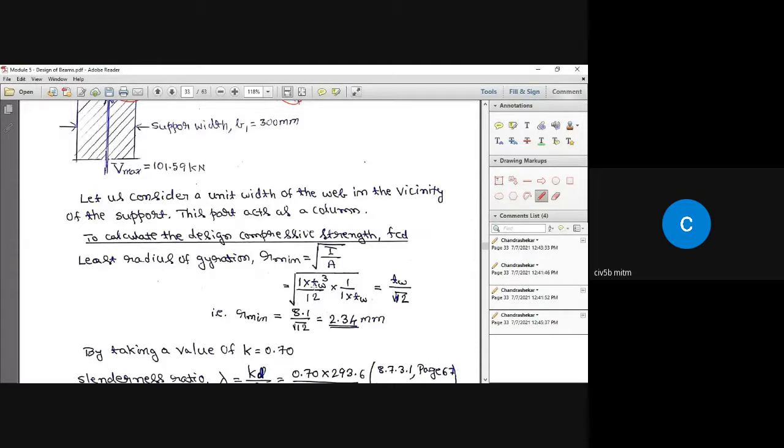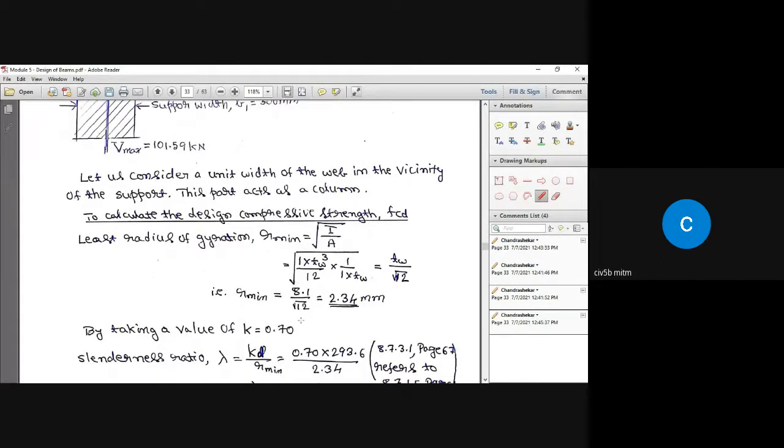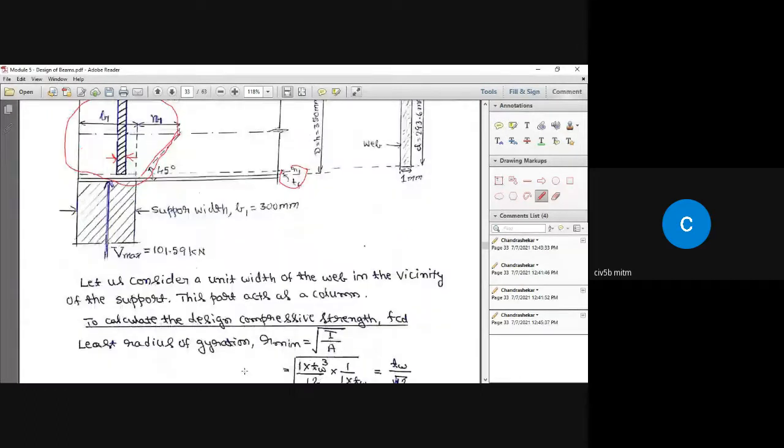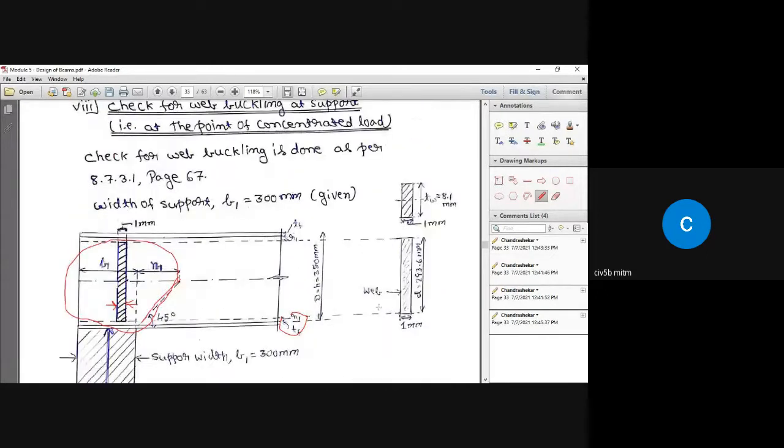To use buckling class C, first we need to know KL by r. So what is the K value? Here we are taking the value of K equal to 0.70. Then L is nothing but small d, the height or length of the column, divided by r, the radius of gyration about which the column bends. Here that r is r minimum, that is square root of I by A, about this axis.